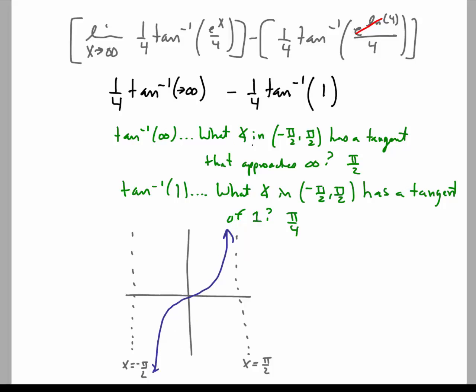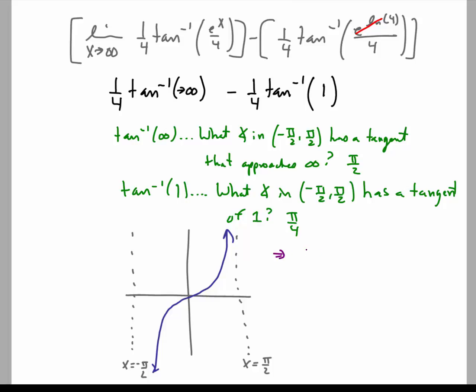So what angle in this interval that you see right here from negative to positive pi over 2 has a tangent that approaches infinity? So as this is going up and up and up, it's approaching infinity. What angle is that getting closer to? And the answer is pi over 2. So that's where that comes from. These are good ones to know. These are the nice little problems that can show up easily on a handwritten homework or a test.